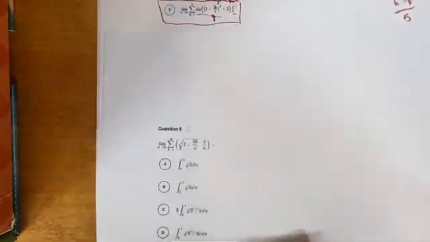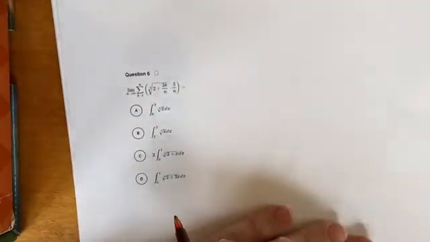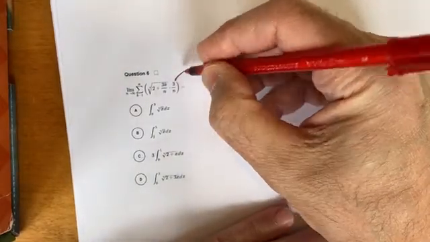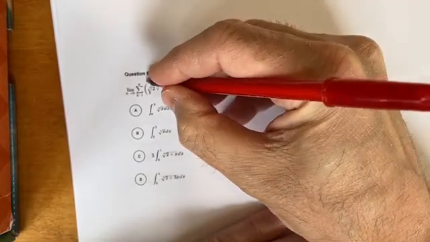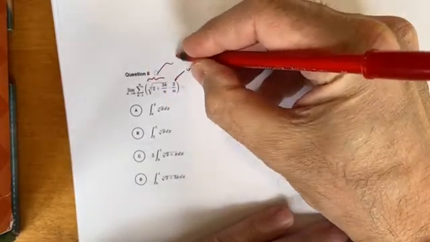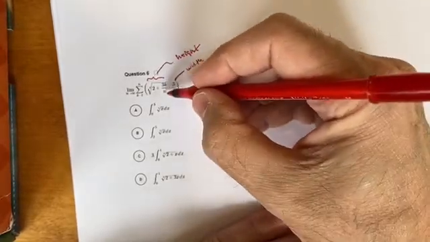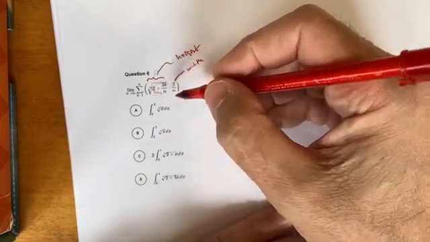If we look at 6, it's really similar, except you're going the other way. You have to find out which integral it is. Here again, this is the width, and this whole thing is the height, so we're plugging different numbers into the function.